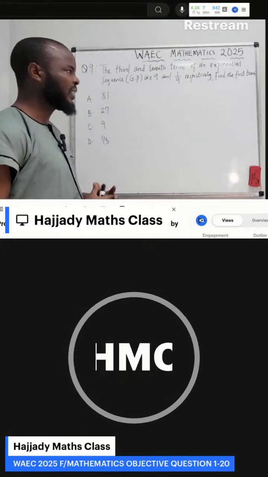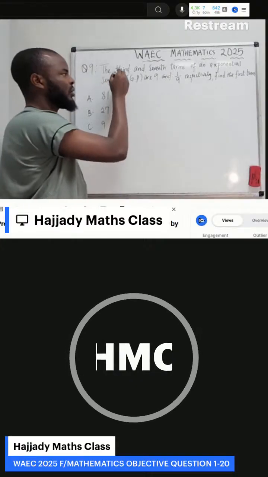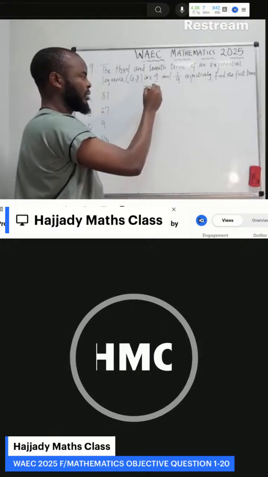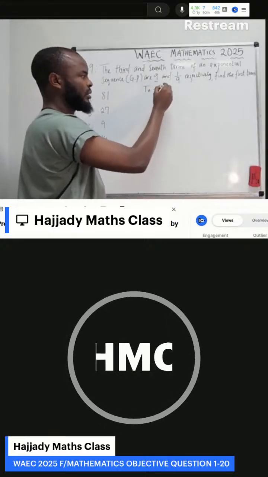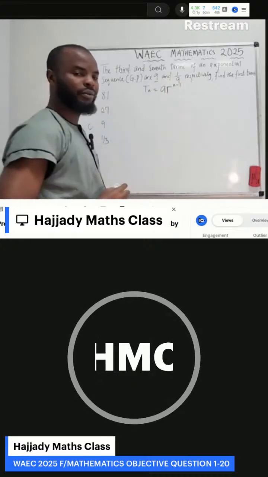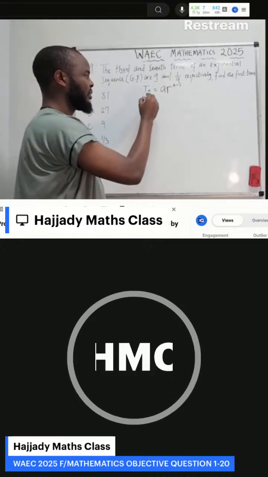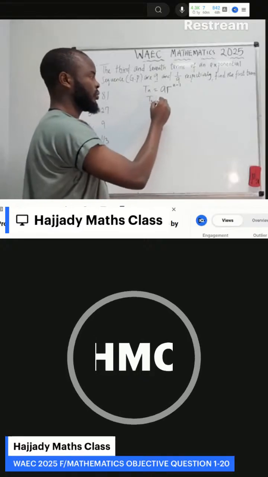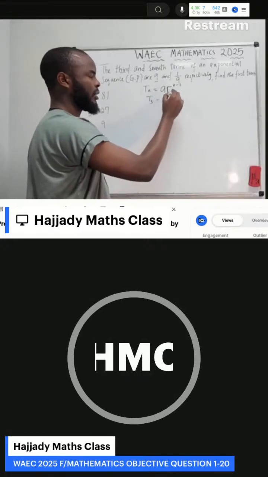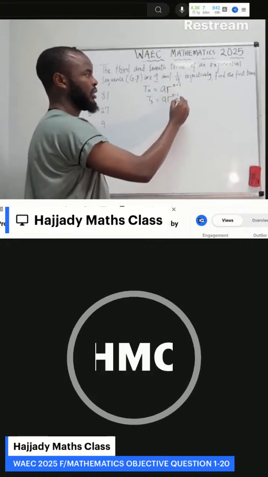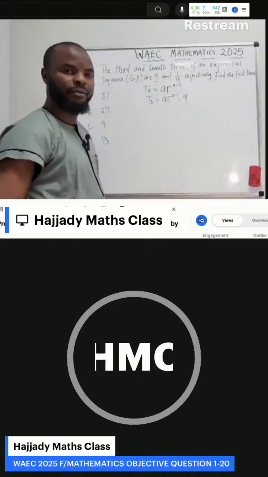Find the first term. Now, to do this, we have the third term to be 9. Don't forget, the formula is Tn equals a r to the power of n minus 1. Now we have T3, the third term, where n is 3, so 3 minus 1, equals what?